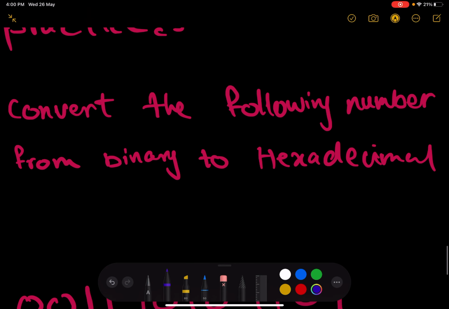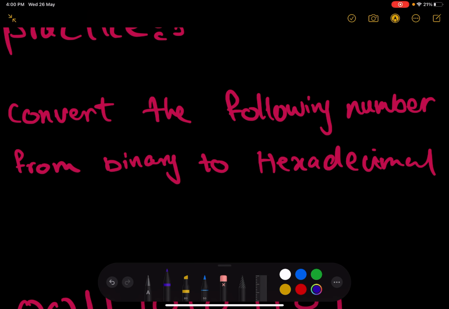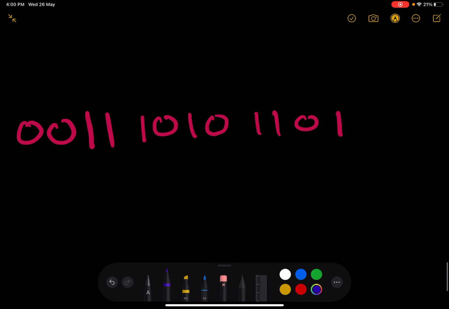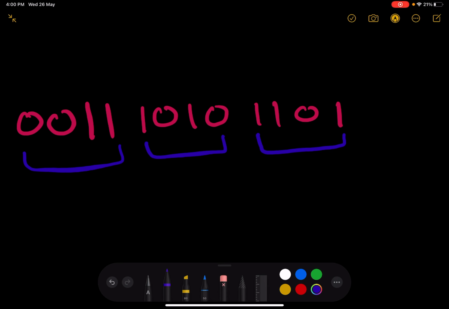So let's have an example. Convert the following number from binary to hexadecimal. We're going to divide this number into groups of 4 bits, and now we're going to do the same as the previous one. 2 to the power 0, 2 to the power 1, 2 to the power 2, and 2 to the power 3.